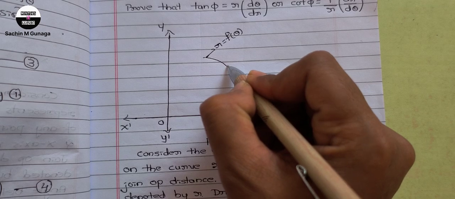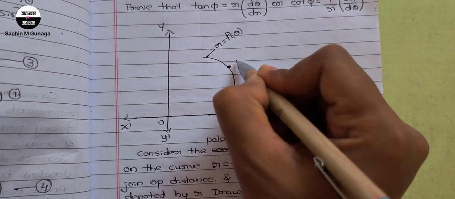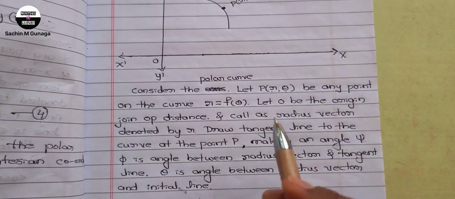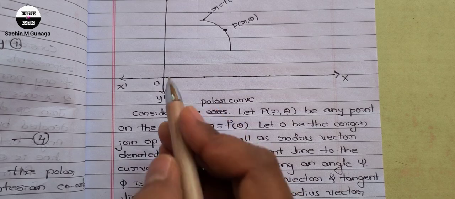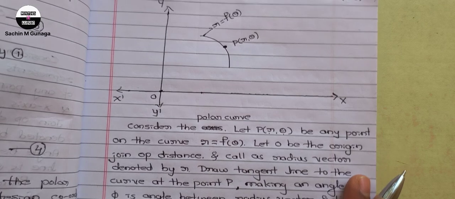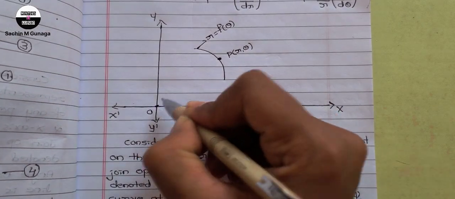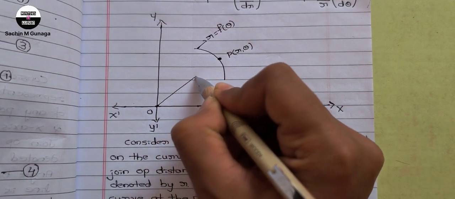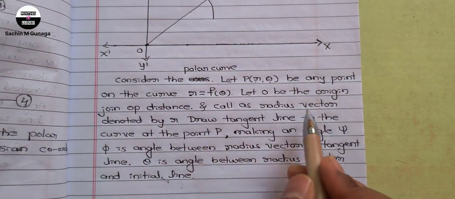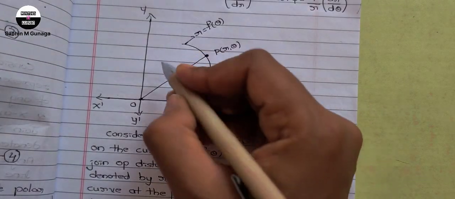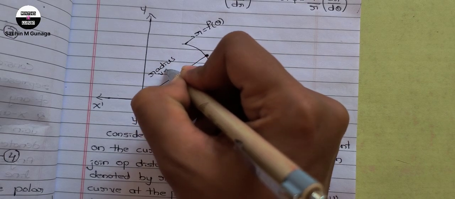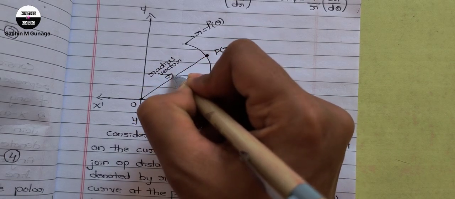Let O be the origin. Join OP. This OP distance is nothing but the radius vector, and it is denoted by r.